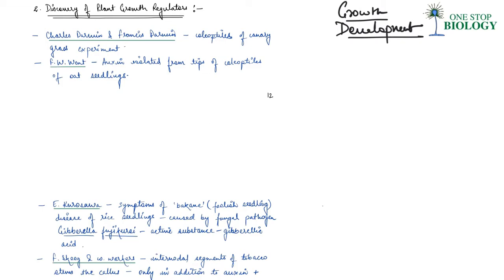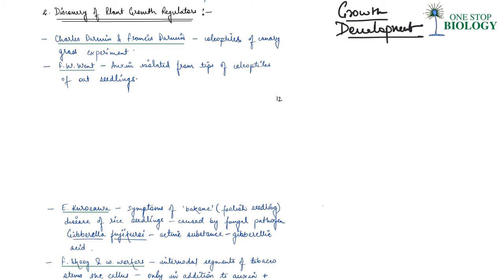It started off with the observation of Charles Darwin and his son Francis Darwin. They observed that the coleoptiles of canary grass responded to unilateral illumination by growing towards the light source. So it used to bend towards light, right?